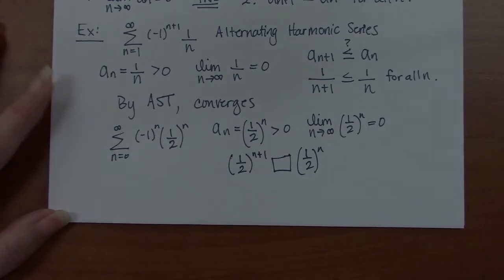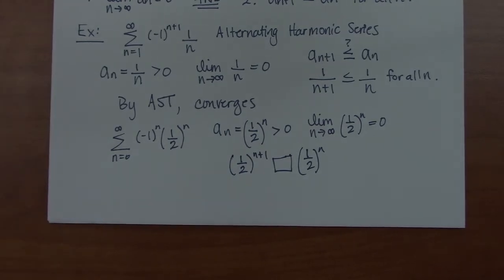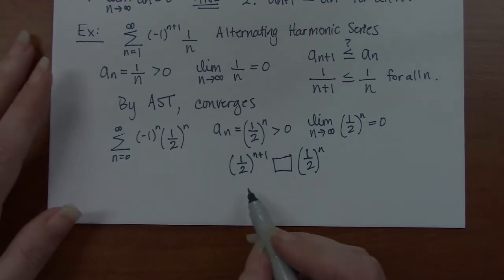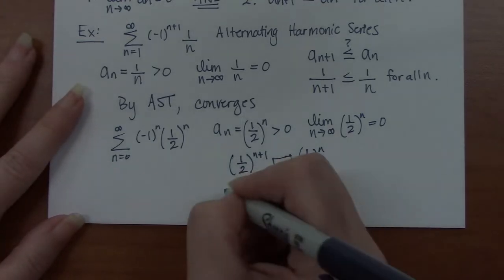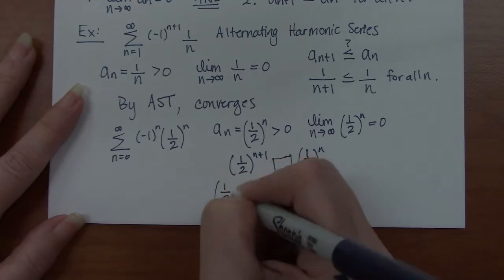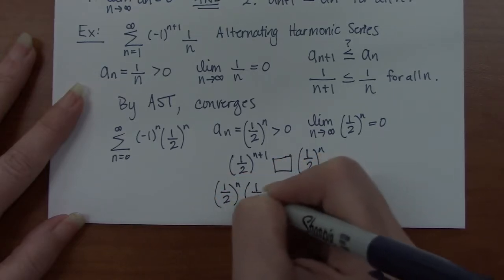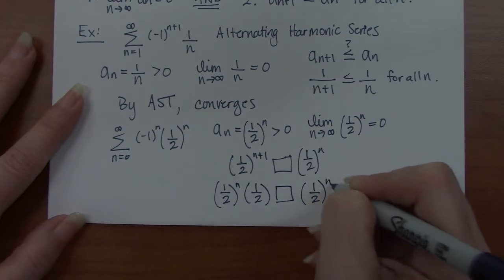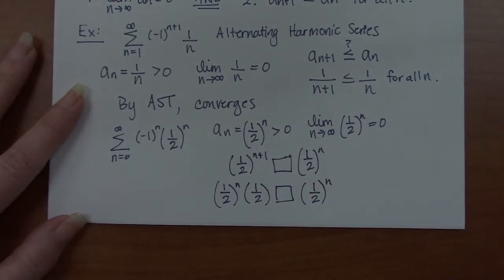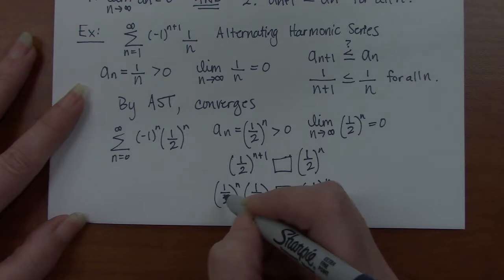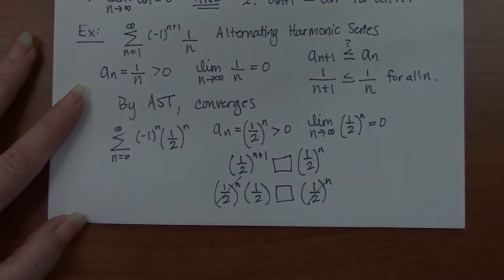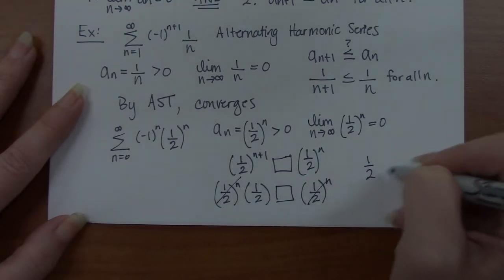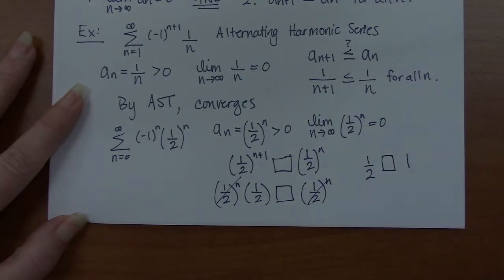If I want to compare a sub n plus 1 to a sub n, I'm allowed to split this apart and say this is 1/2 to the n times 1/2, and I want to compare that to 1/2 to the n. So the 1/2 to the n cancel on both sides, and what I get is 1/2 compared to 1.